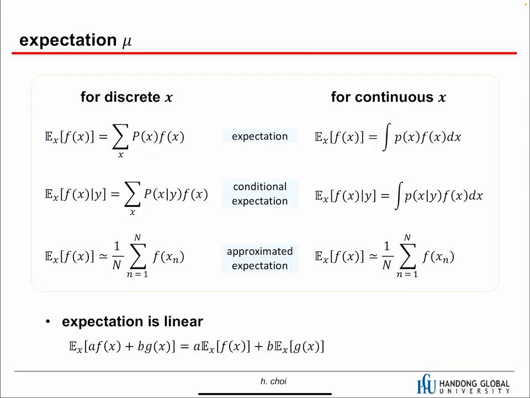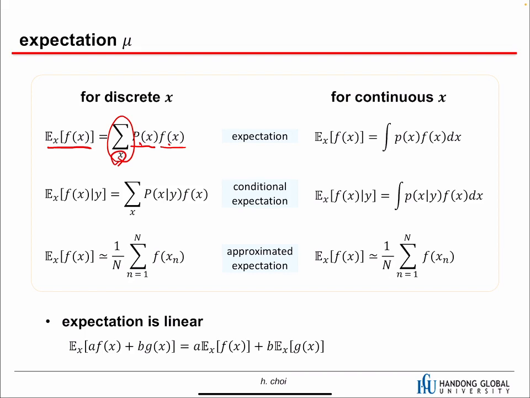And the next one is expectations. For discrete values, we can use a summation. This is a function f, and this is the probability. So when we calculate the expectation of this function, we have to multiply the probability and the function value here for all x.